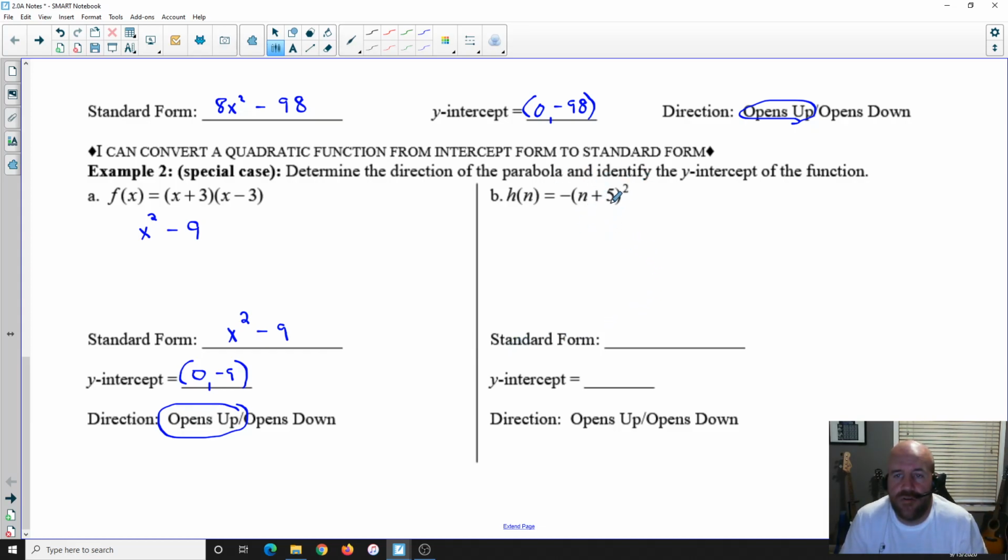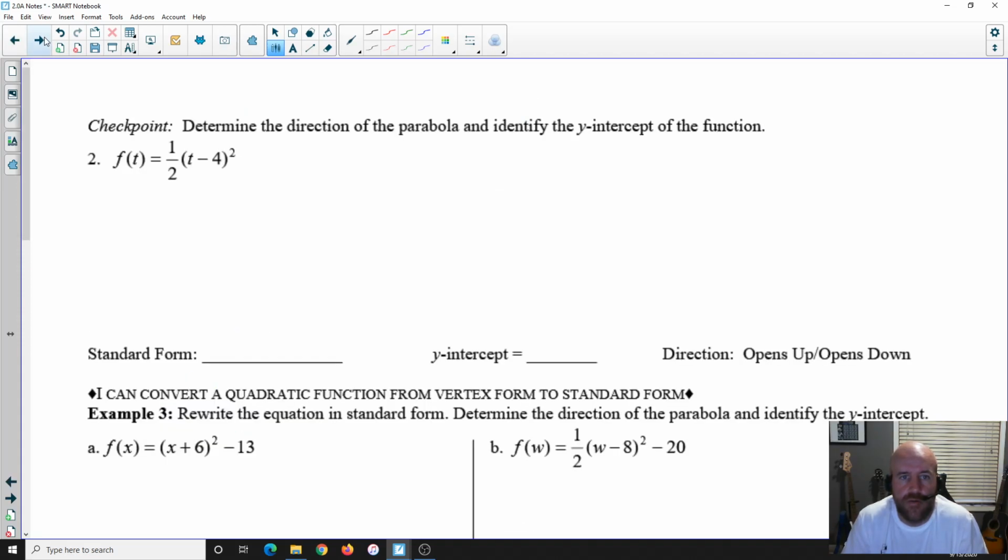Then this next one we are going to skip over because it's like the other examples above. And go ahead and try the checkpoint, pause the video. So this next one, we have (t minus 4) quantity squared with a 1/2 on the outside. So remember what we have to do with this.